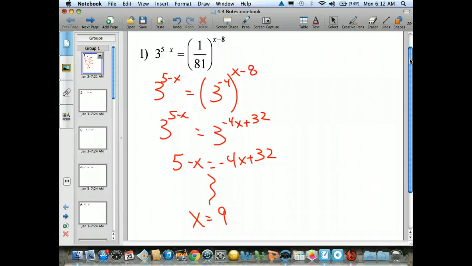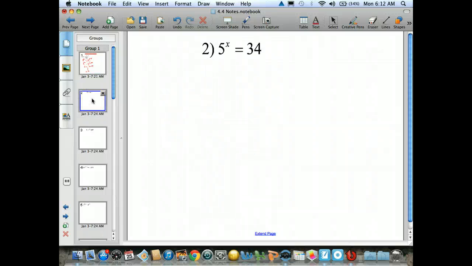Now, that doesn't happen on all exponential equations. For example, here's my next example, and this is a basic example. However, notice 34 is not a power of 5. So we can't use that technique to solve this equation.